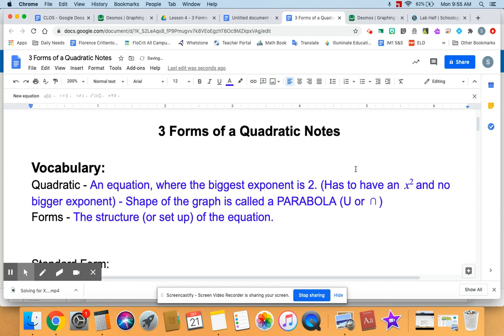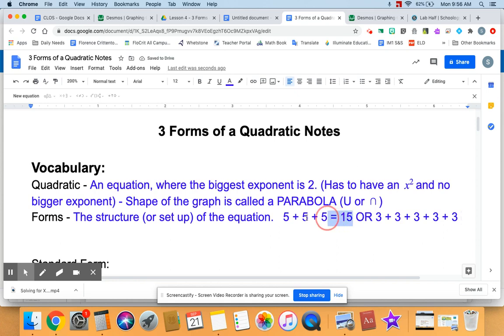So in math, you can write things in a lot of ways, and they mean the same thing. For example, I could write 5 plus 5 plus 5, and that means 15. Or I could write 3 plus 3 plus 3 plus 3 plus 3, and that's also 15.